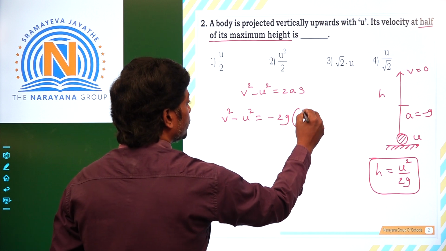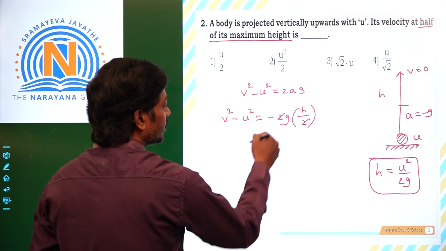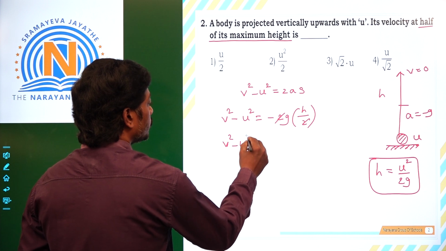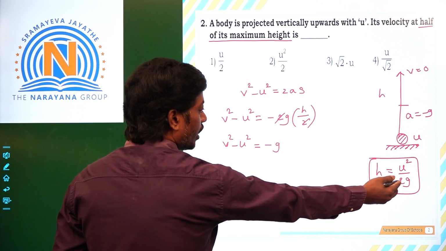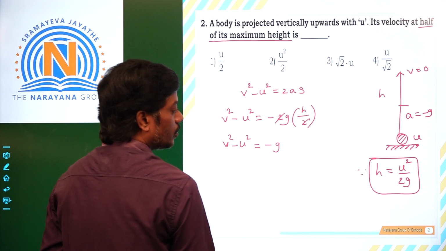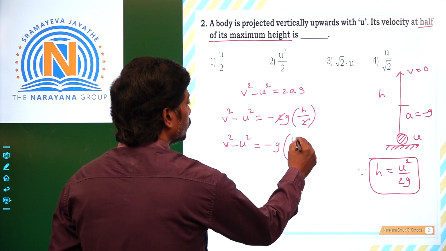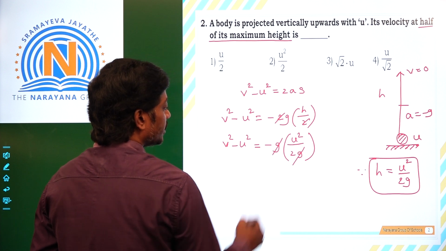So in the place of s we take h by 2. So 2 and 2 get cancelled. Then we have v square minus u square is equal to minus g into h, and in the place of h we take u square by 2g. Now g and g get cancelled.